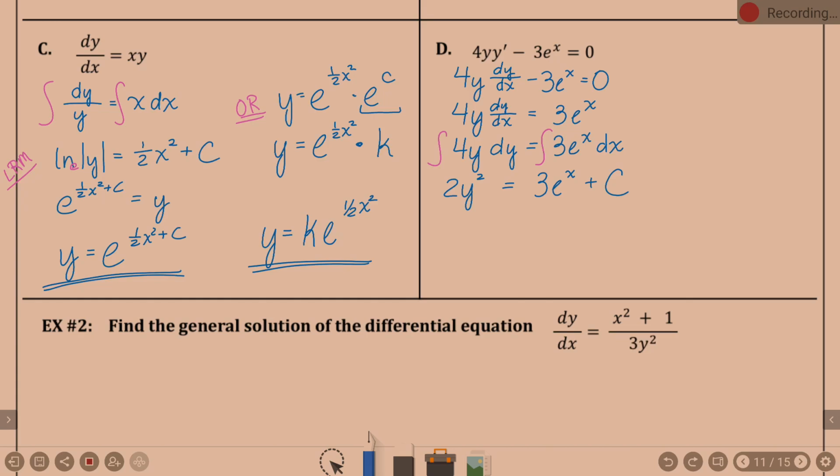If we solve this for y, now I would divide by 2. So y squared is 3/2 e to the x plus, and I would just leave it as c. Again, in my notes, it's marked as the original being c1 and this new one being a c2.